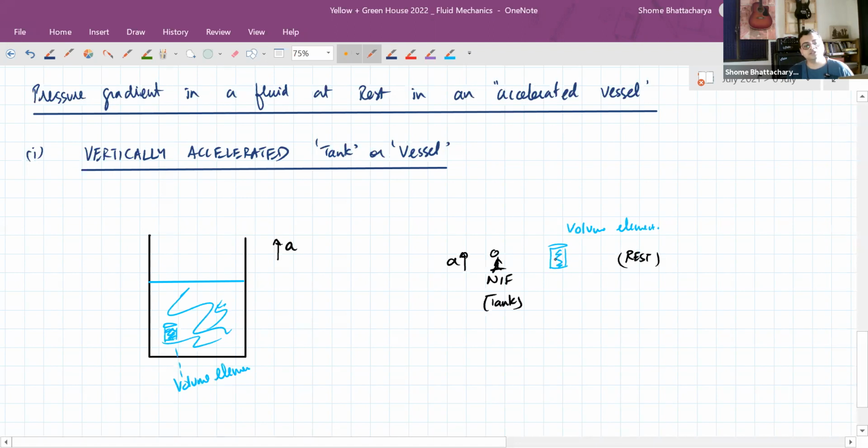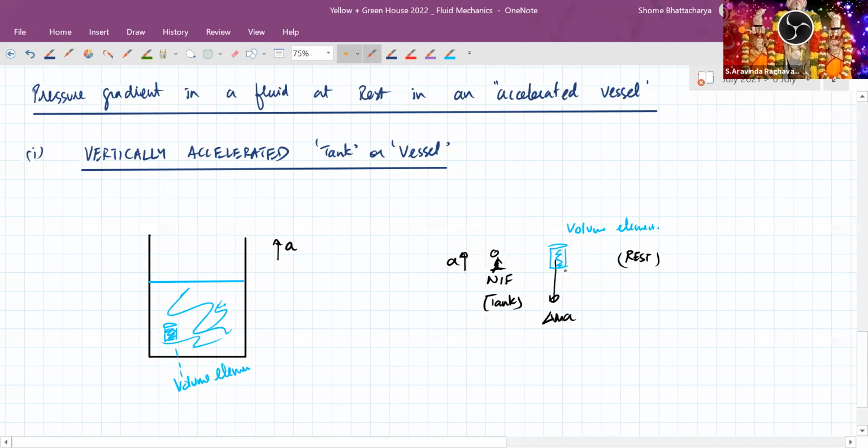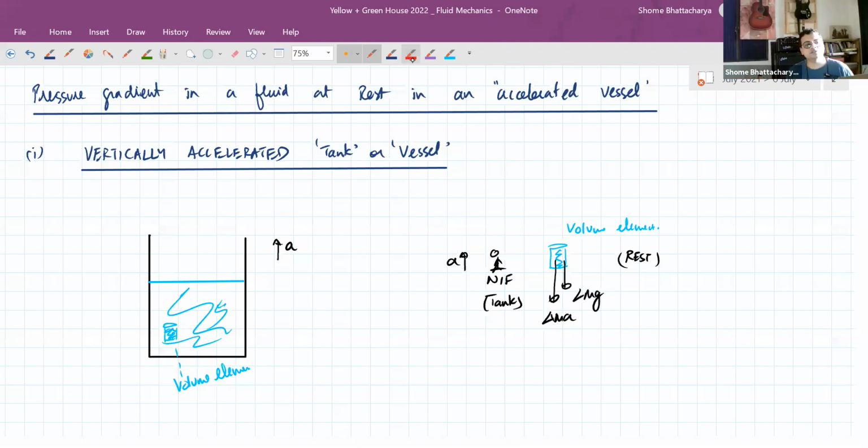So in this frame, the forces acting on it are pseudo force, its mass is delta m, weight, and then the forces because of pressure, which we had seen earlier.